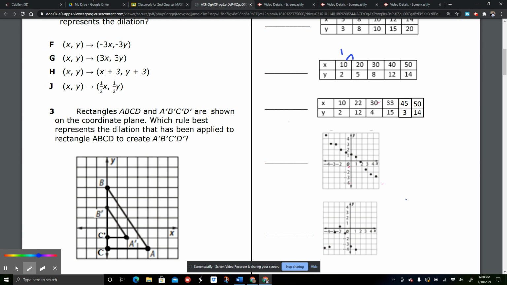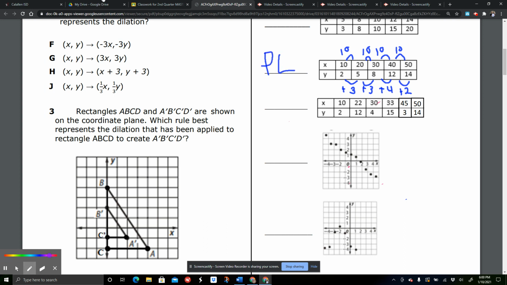So that's 10, 10, 10, and 10. And then here you have an increasing of 3 and 3 and 4 and 2. And so again, those are pretty close. That's as x is increasing, y is also increasing. So that's a positive linear trend.